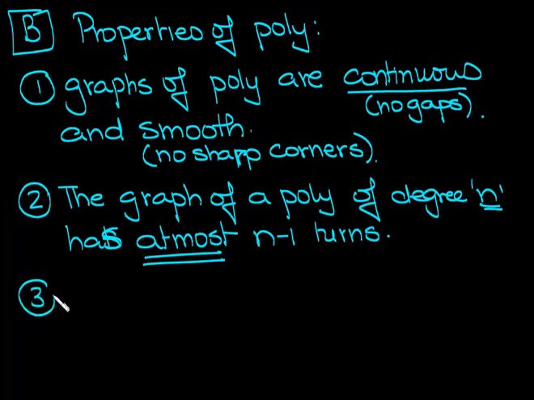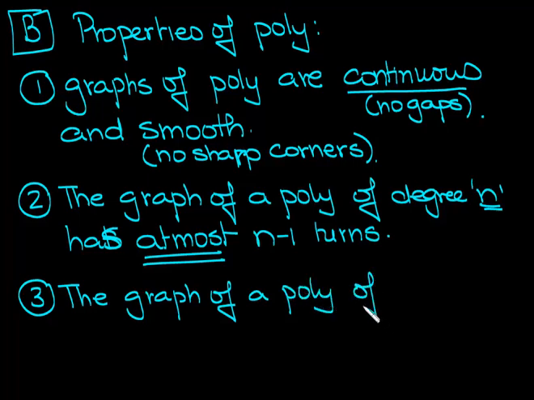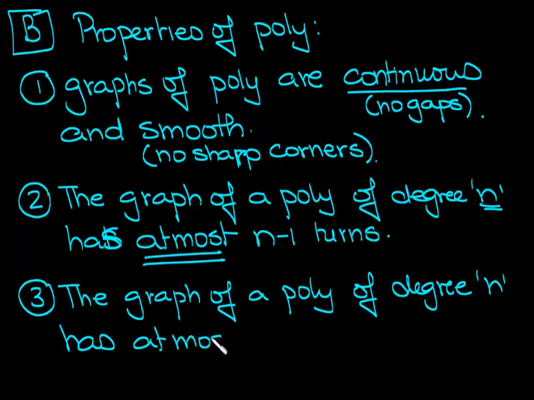The third property of polynomials: the graph of a polynomial of degree n has at most, it cannot have more than that, but has at most n x-intercepts.